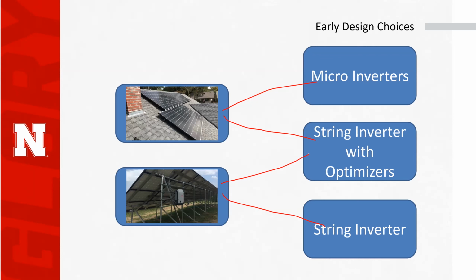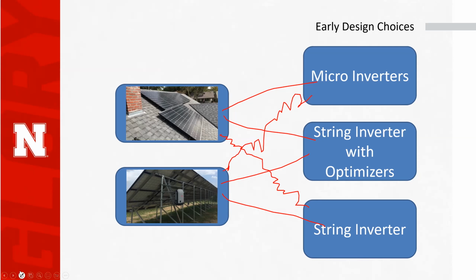Now, with added aftermarket equipment, we can put a string inverter on a roof mount. We're not seeing it very often because we have to have aftermarket equipment. And because of the added cost, we tend to not see microinverters with ground mounts.